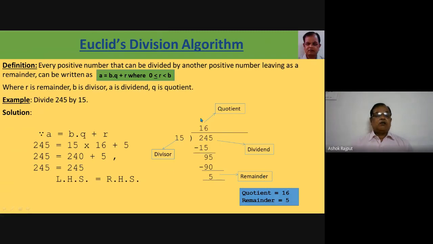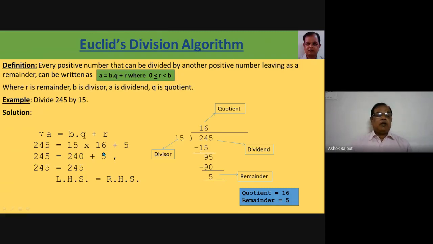Then we will use the algorithm A equal to BQ plus R and justify whether our steps are correct. 245 is A, 15 is the divisor, 16 is the quotient, 5 is the remainder. So we multiply 15 into 16.